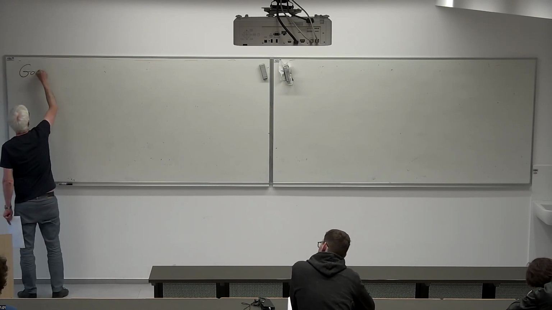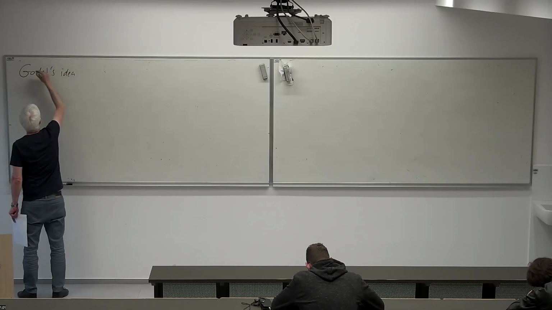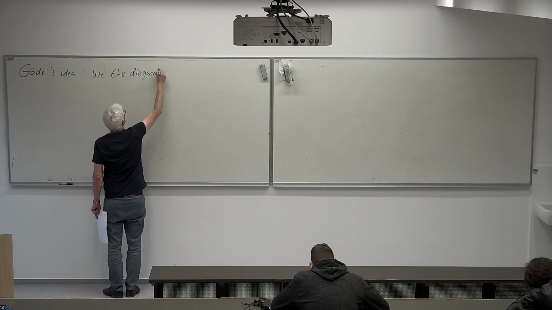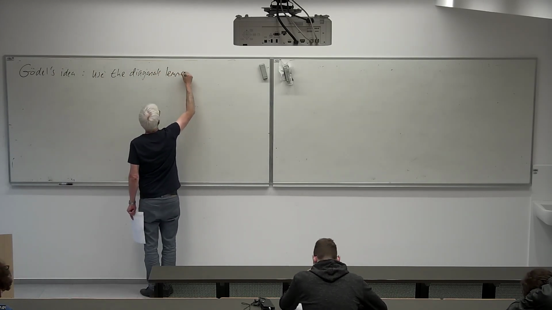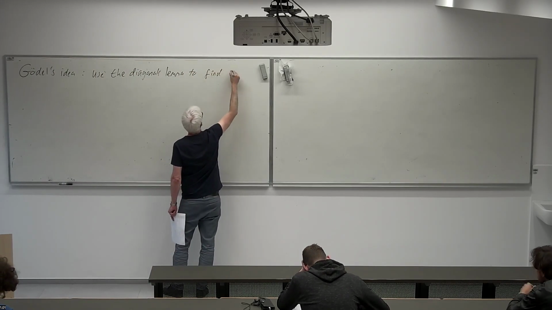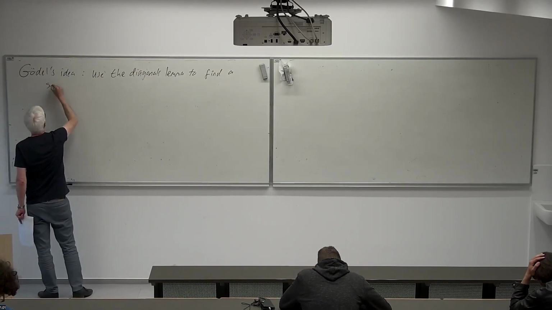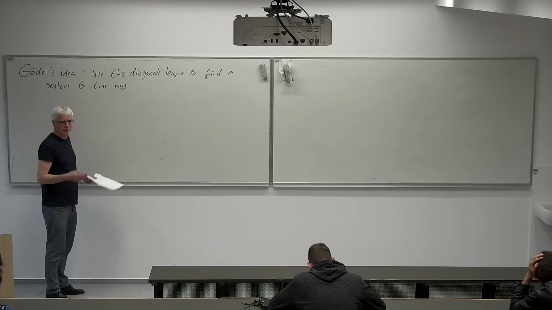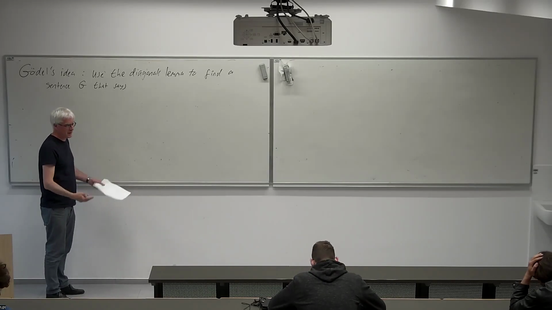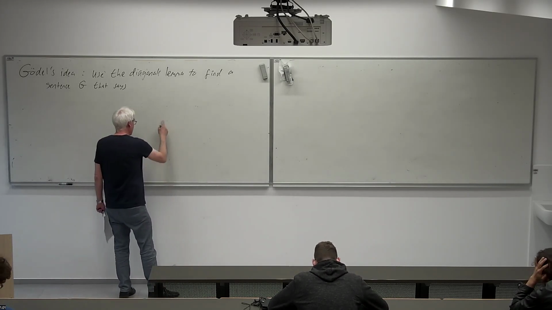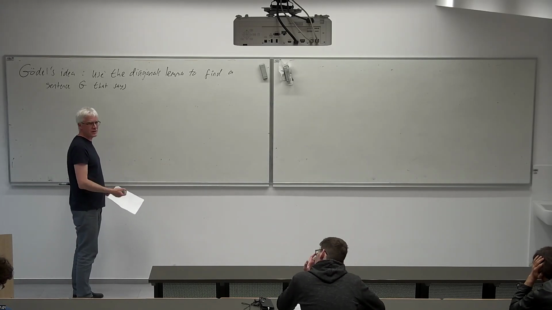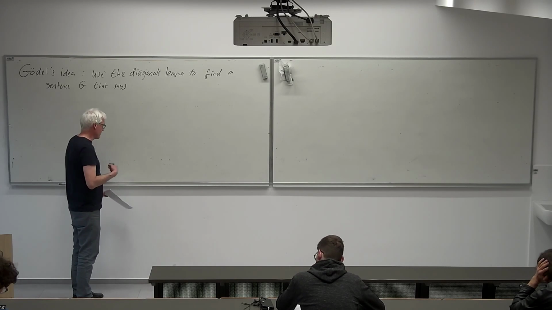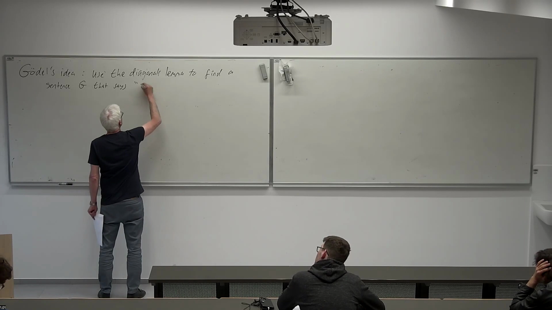Gödel's idea is to use the diagonal lemma, as he called it, to construct a sentence G that says, basically, the diagonal lemma says for any property of numbers we can find a sentence that says I satisfy this property, and the property we choose is the property of being unprovable. So the sentence will say: I am unprovable.